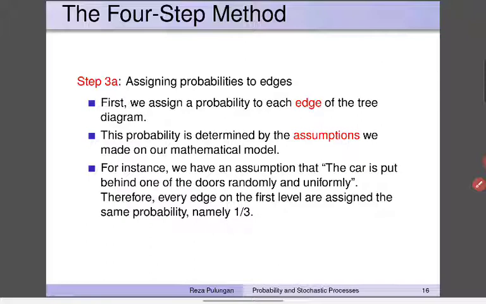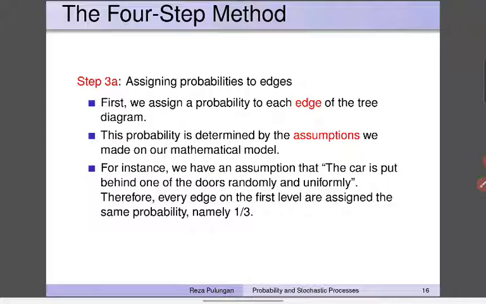Now this step contains two sub-steps. First one is 3a, assigning probabilities to edges. First, we assign a probability to each edge of the tree diagram. This probability is determined by the assumptions that we made on our mathematical model. For instance, if you remember, we have an assumption that the car is put behind one of the doors randomly and uniformly. The important part is uniformly.